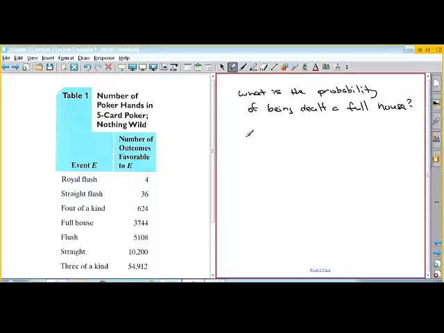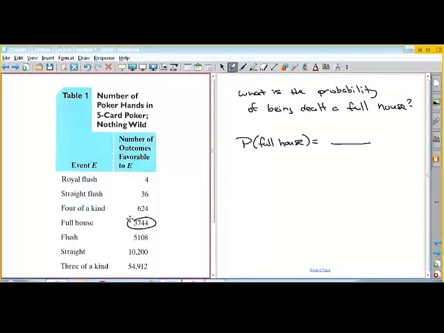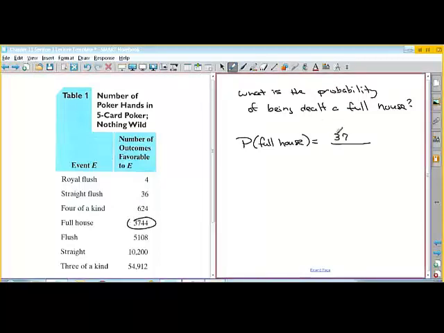Question mark. So again, the probability of getting a full house is equal to the number of favorable events. In this case, the favorable event is getting a full house.